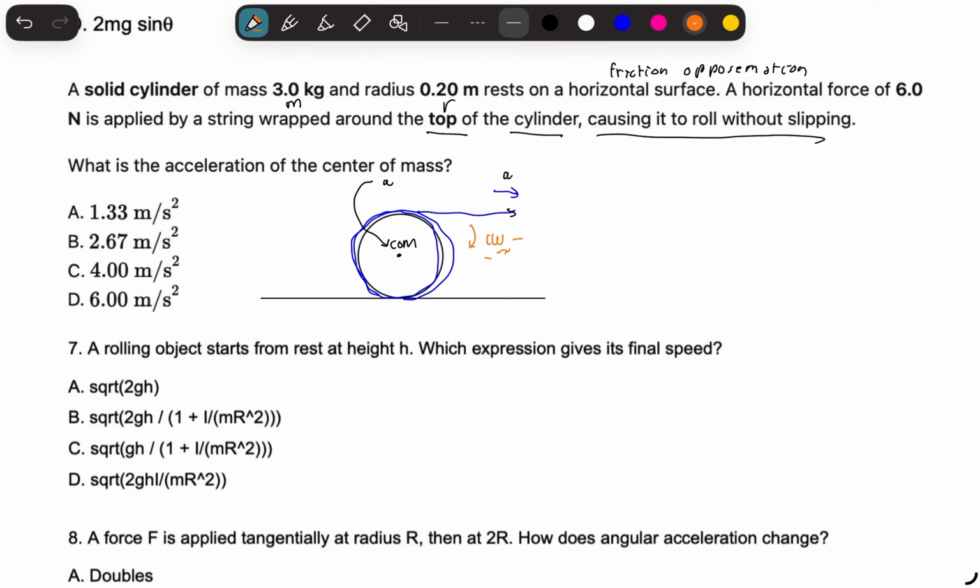That would make the bottom point try to move left relative to the center, which means relative to the ground, the contact point tends to slip left if translation is not enough.